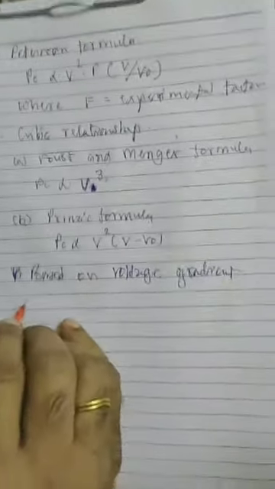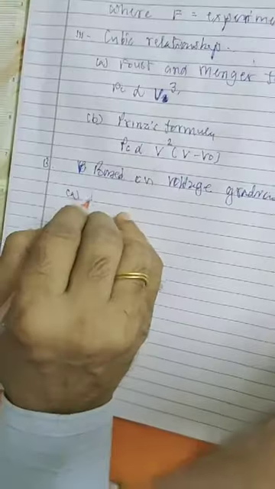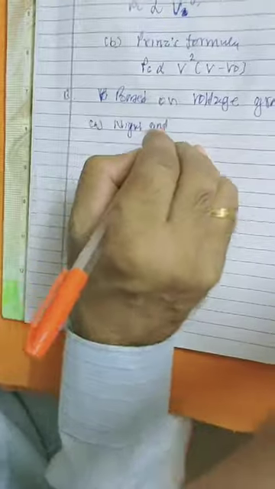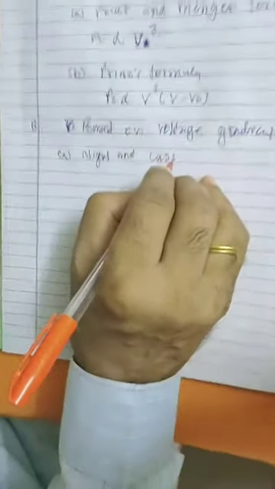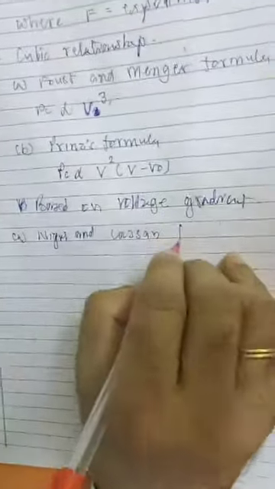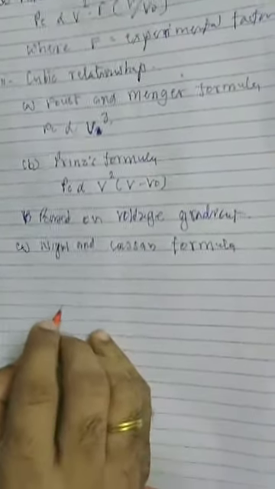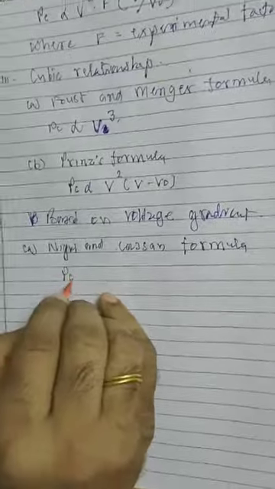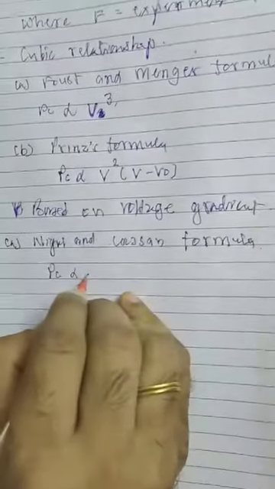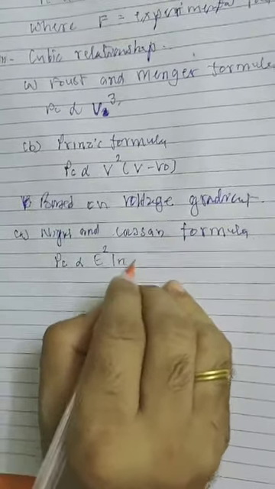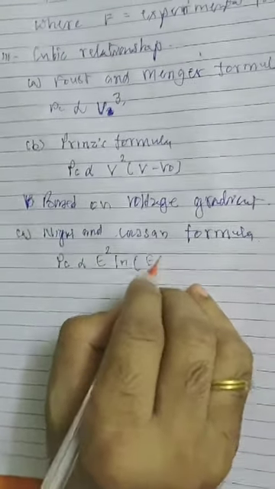As per voltage gradients, Nigol and Casson developed a formula in 1961. As per this formula, corona loss Pc is proportional to E square into ln (E upon E0).